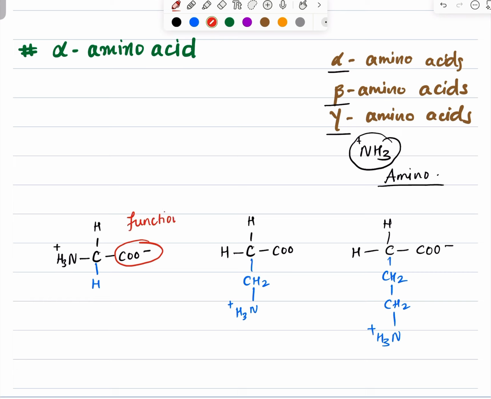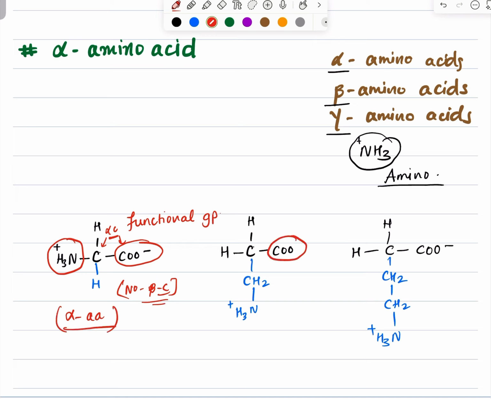Any carbon attached to this functional group is called the alpha carbon. So this is the alpha carbon, and there is no other carbon. This has only an alpha carbon and no beta carbon. The amine group is attached to this alpha carbon, and that's why this is called an alpha amino acid. There is no beta carbon here.